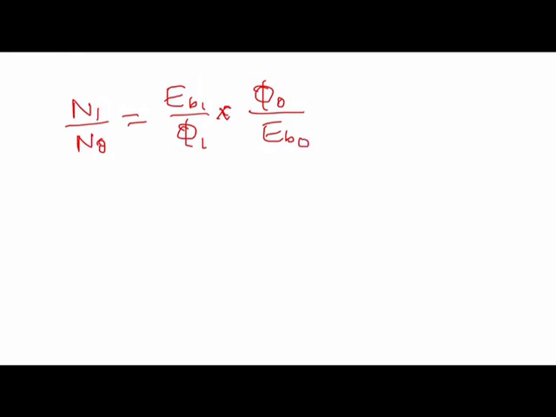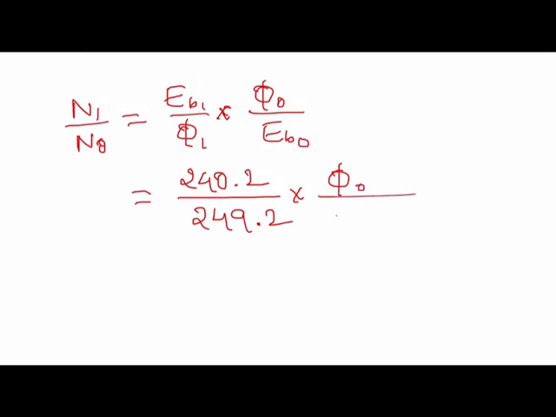If you substitute, Eb1 is 240.2 divided by Eb0, which is 249.2, into phi naught. Phi 1 will be 0.97 times phi naught, so phi naught gets cancelled here.